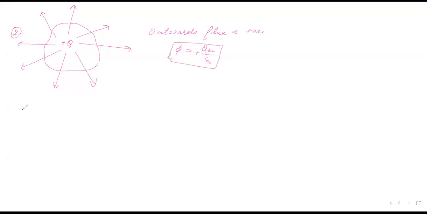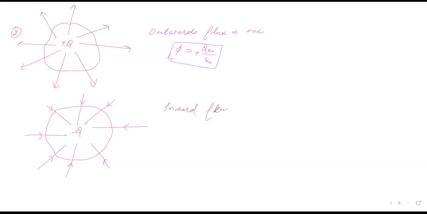Similarly, if you have taken a negative charge, then the field lines behave like a sink. You can say it is a sink charge also. So this is your inward flux. Inward flux is negative.